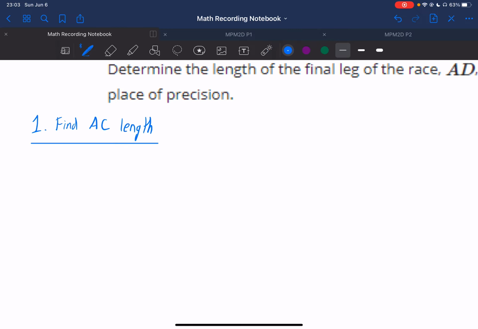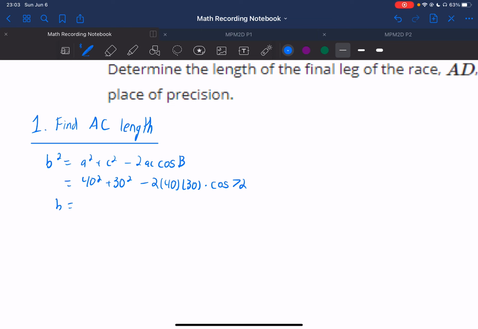So I'm going to call that side B. So B squared equals A squared plus C squared minus 2AC cos B. What this is going to look like is 40 squared plus 30 squared minus 2 times 40 times 30 times cosine 72.